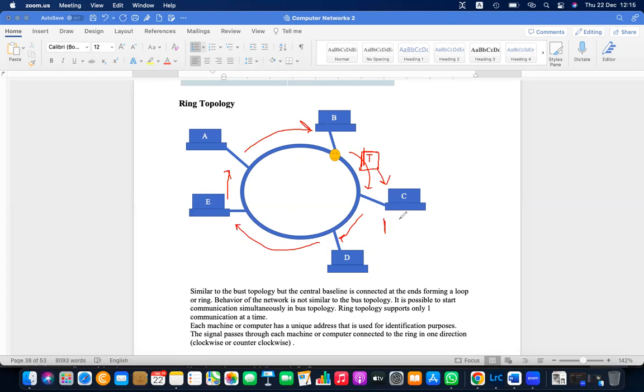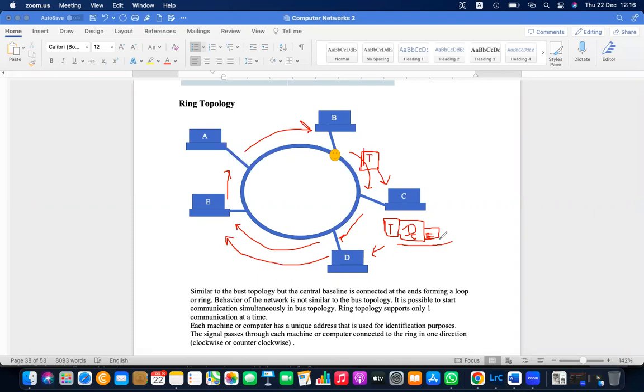C will attach its data to the token, address it to E, and send this payload to E. Others will also see the token moving, but this time the token is with data, so no one will bother because the token is not free. Then the token is sent to E.